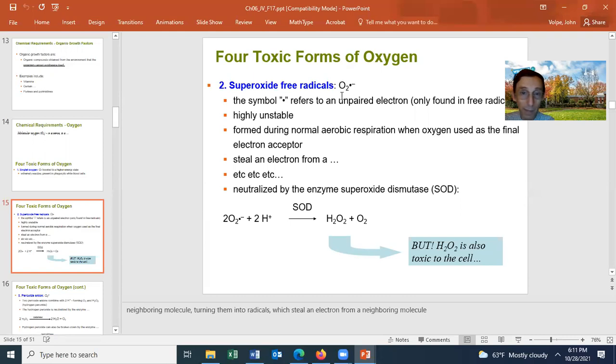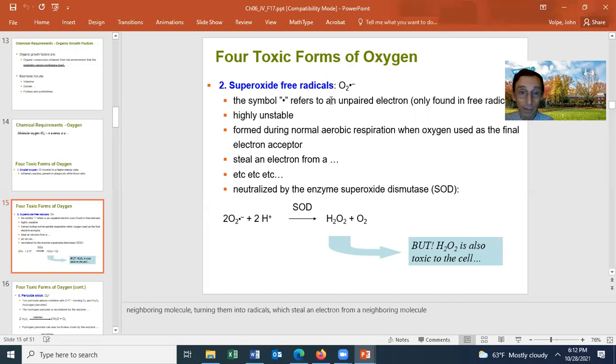We get this made every once in a while in aerobic respiration. And whenever this molecule bumps into something, it tends to steal electrons from what it bumps into, and that can damage other molecules or damage DNA, leading to a mutation.